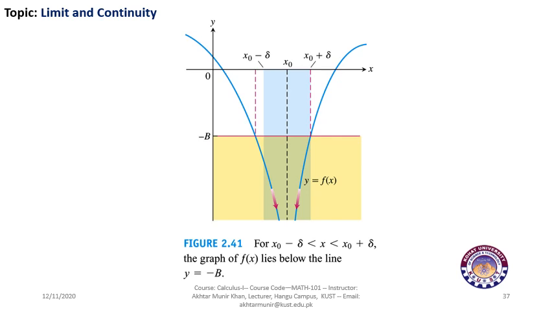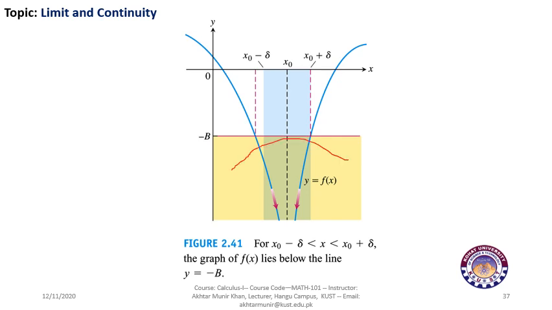Similarly, when we take the limit at minus infinity, when the function approaches minus infinity as x approaches some x naught, this is equivalent to saying that x naught minus delta is strictly less than x, which is strictly less than x naught plus delta. The graph of f of x lies below the line y equals minus b.